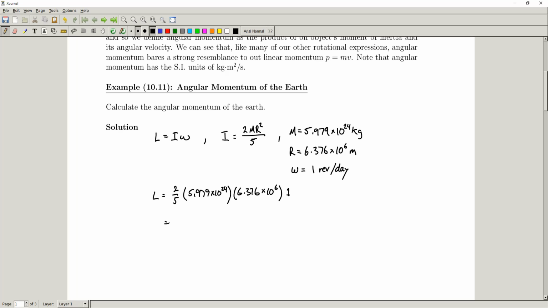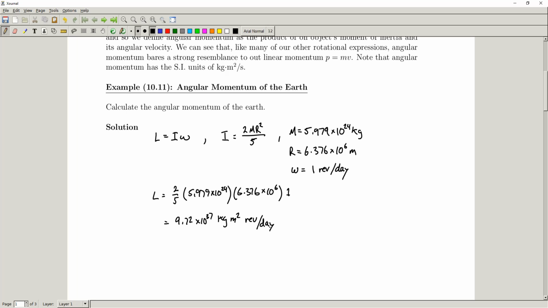Before we do that, if we multiplied all this out, we would end up finding 9.72 times 10 to the 37 kilogram meters squared, but it's not per second, it's revolutions per day.